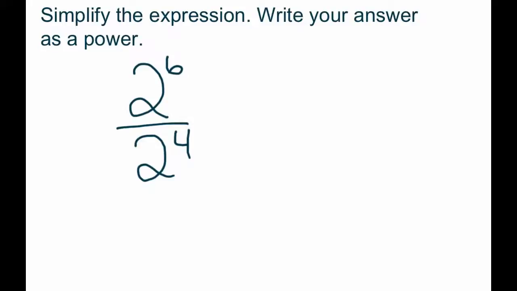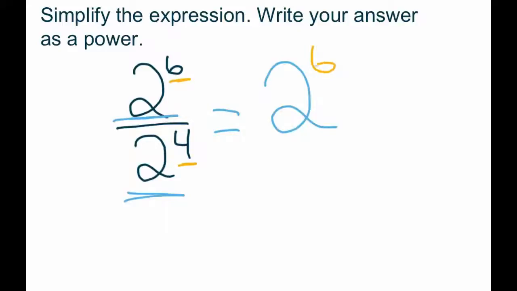We're going to start with an example. Here we're going to simplify the expression and write our answer as a power. Here we see that we have the same base of 2, so we rewrite our answer with the base of 2, and because they're divided, we take 6 and subtract 4.